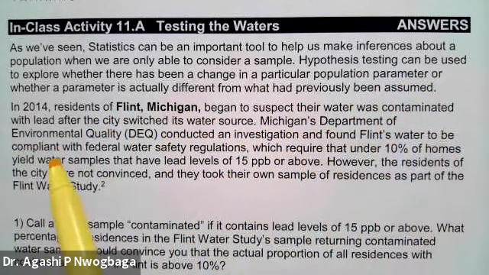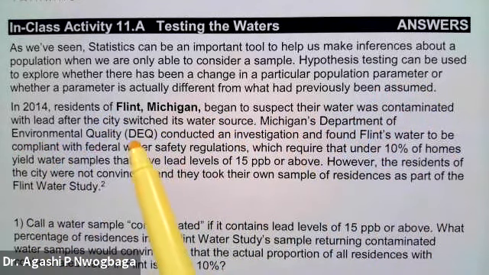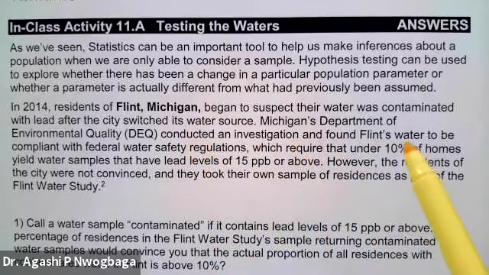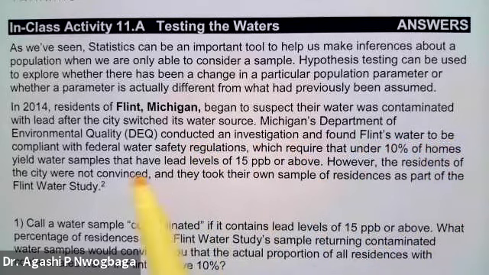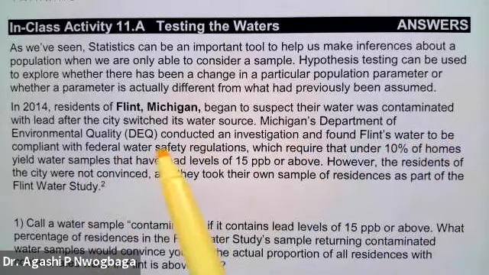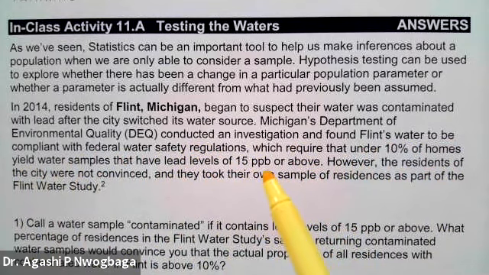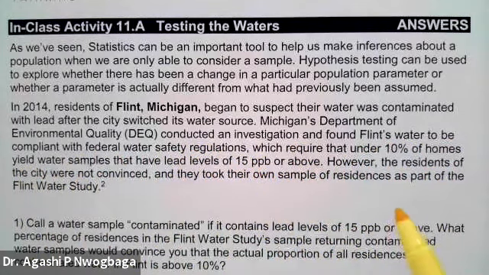Michigan's Department of Environmental Quality, DEQ, conducted an investigation and found Flint's water to be compliant with federal water safety regulations, which require that under 10% of homes yield water samples that have lead levels of 15 ppb or above. ppb stands for parts per billion.